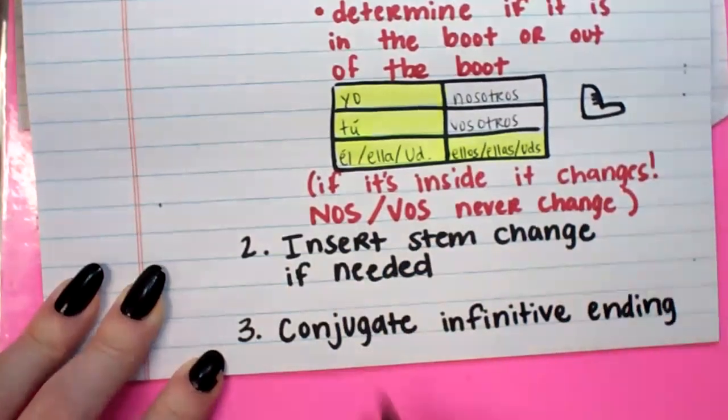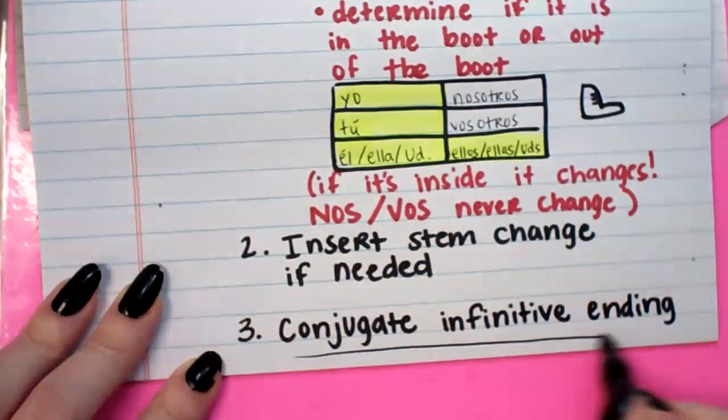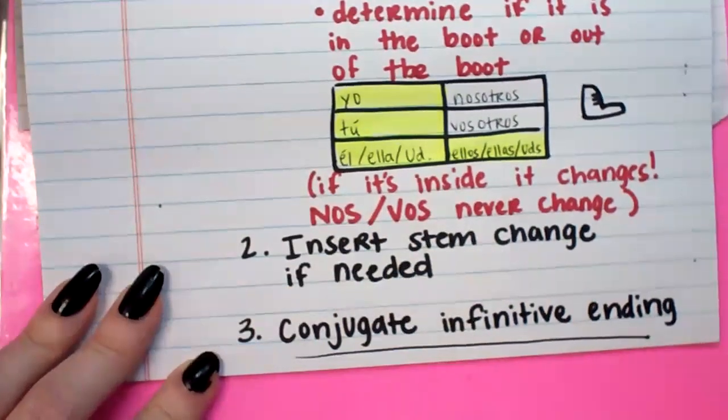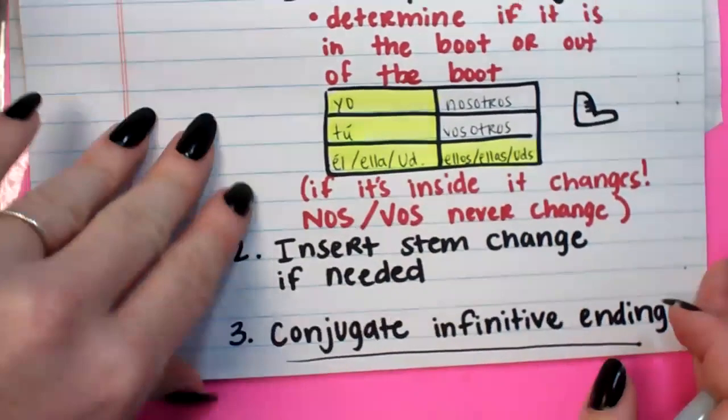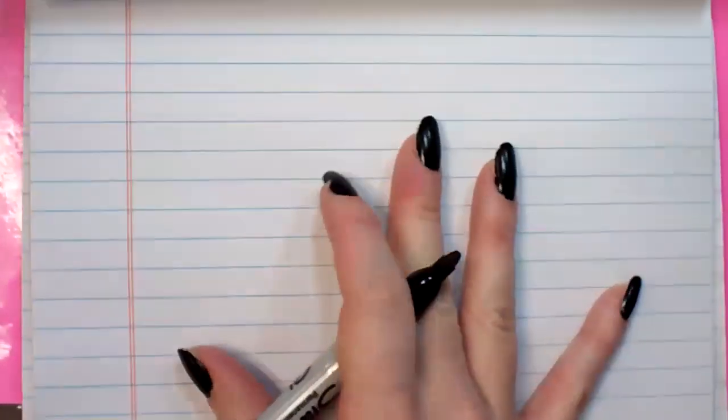So this is where most of you were getting a little bit confused, even though notably it is one of the simpler steps of conjugating stem changers. It was like you forgot that that was something we had to do.